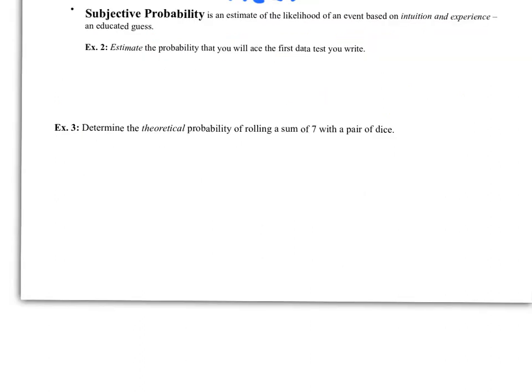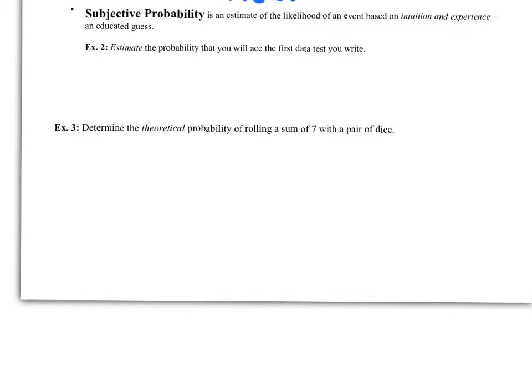But wait, Mr. Langford, how do you calculate the theoretical probability of the likelihood that my mom's going to like the dress I just bought her? Well, Miss Penna, the problem with that is there's no way to collect data doing trials to get some sort of calculation for an experimental probability, and we can't really figure out what the sample space is for the possible outcomes of how much your mom likes the dress.